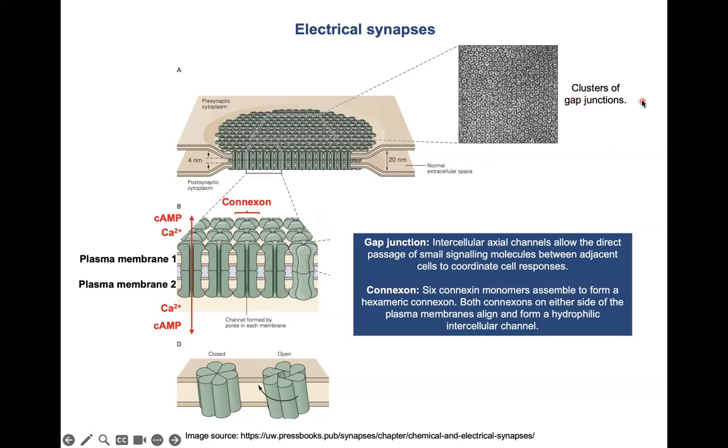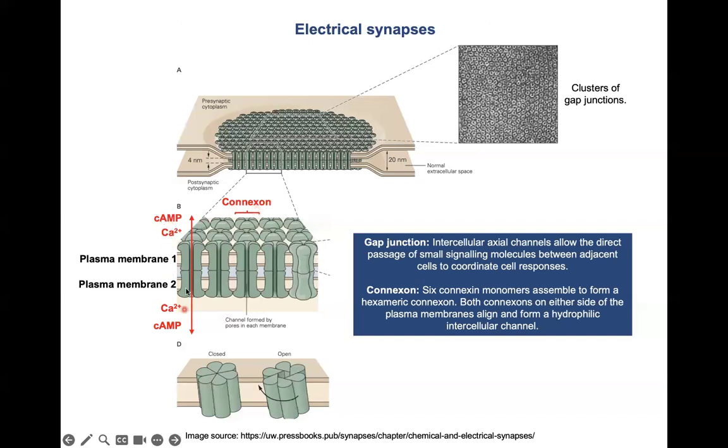A gap junction is referred to as a connection. Now, what is a connexon? I have a summary here for you, the notes. A connexon is composed of 6 connexin monomers. You can see every single one of these is a monomer, connexin. 6 connexins together form a connexon, a junction.